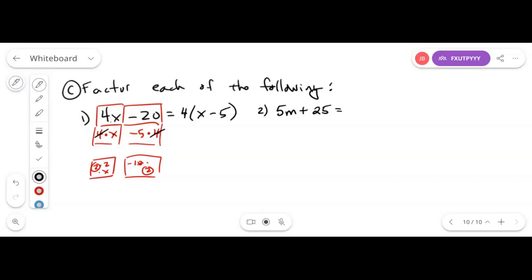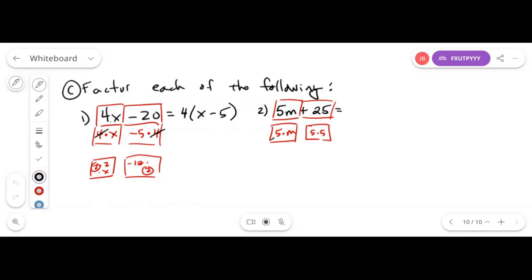5m plus 25. I want the biggest number that can go into 5 and has to go into 25 evenly. Exactly right. This box has 5 times m. This box has 5 times 5.